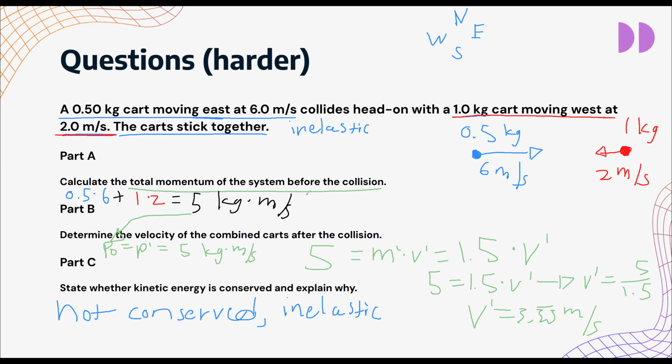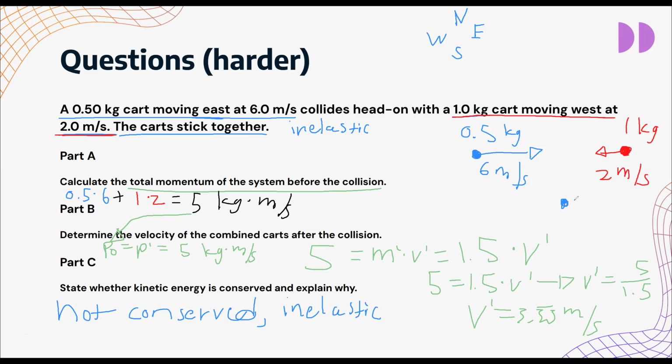Okay, so in this equation, we know 5 is the total momentum of the system before the collision, and that just means the momentum after, because momentum is conserved. So 5 is going to equal the mass of the system times the velocity of the system after the collision, because these two stick together. Let me draw a picture here.